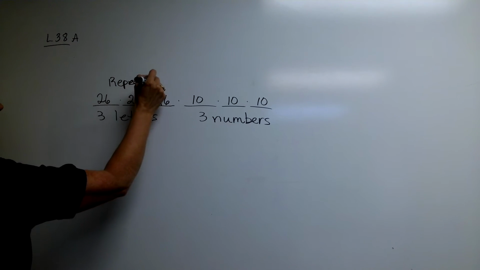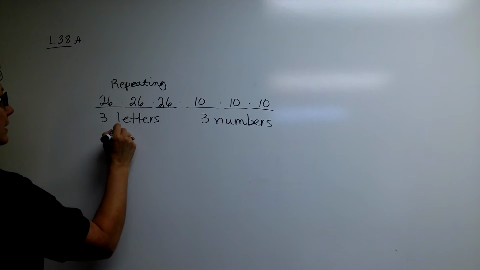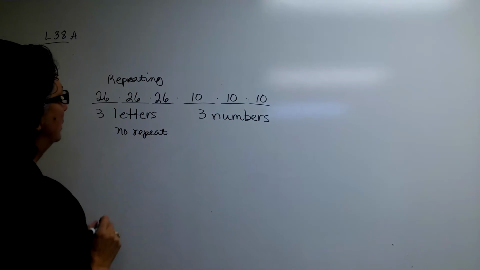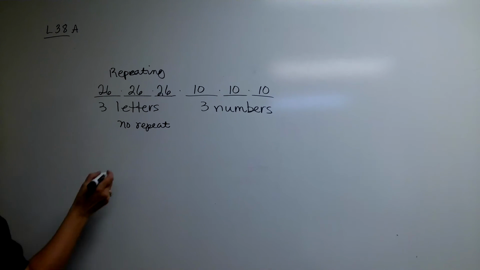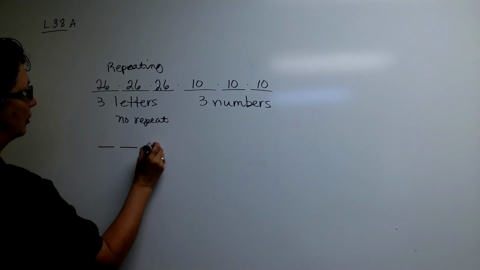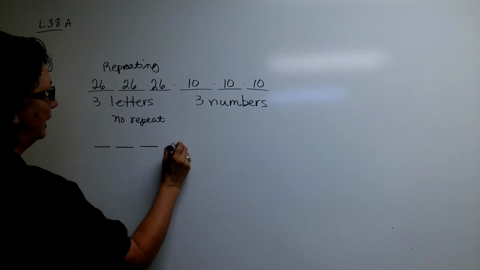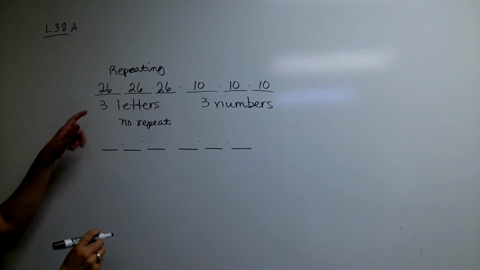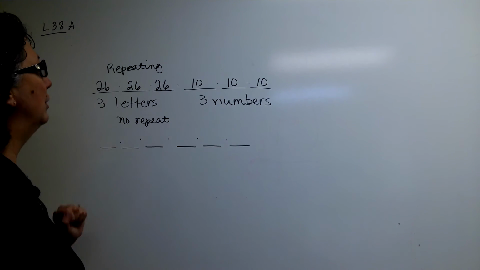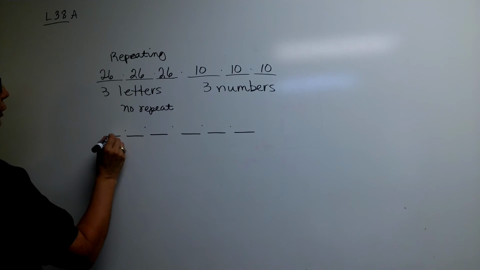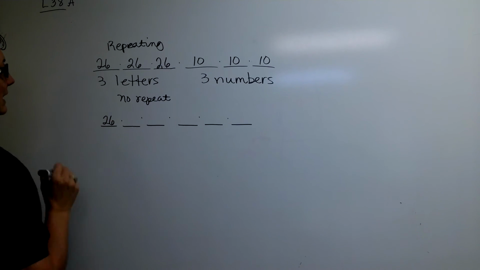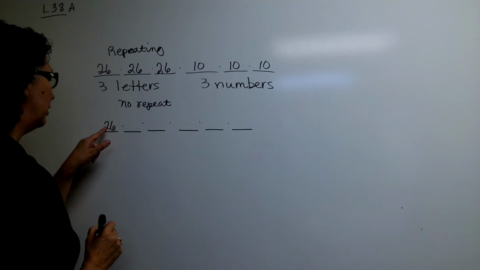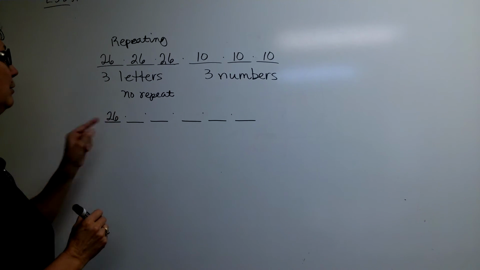If we said no repeating, we don't want an AAA. We'd still need 3 spots for the letters, 3 spots for the numbers. Let's say no repeating of letters and no repeating of numbers. Well, this first location still has 26 choices that I could put there, but once I put a letter there, that letter cannot be repeated.